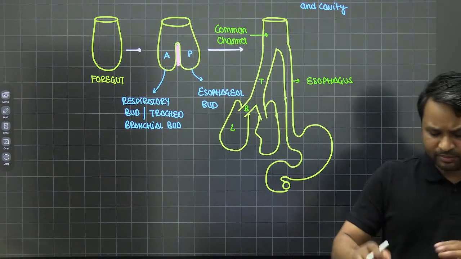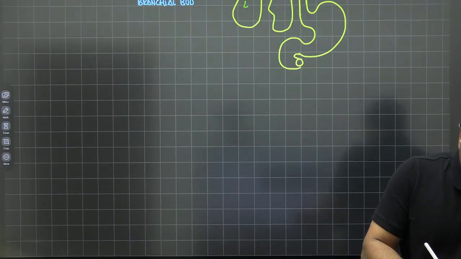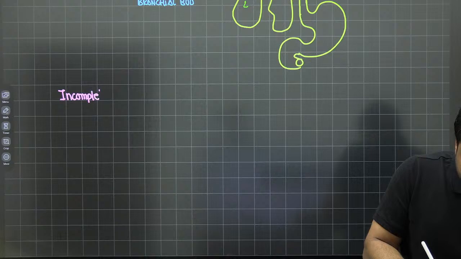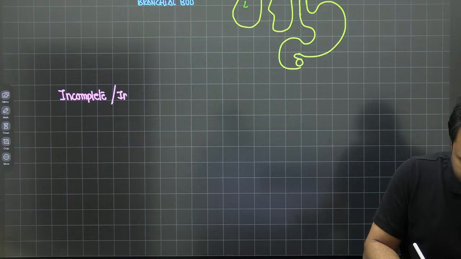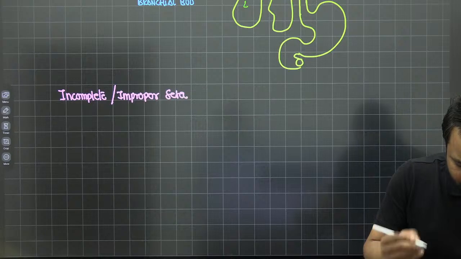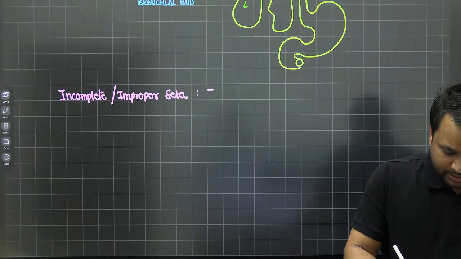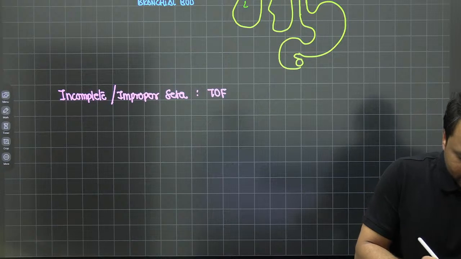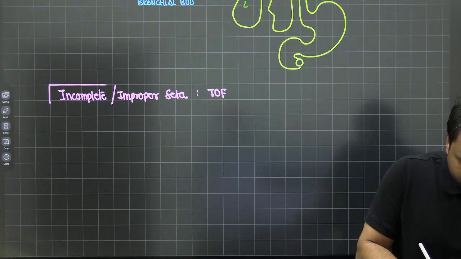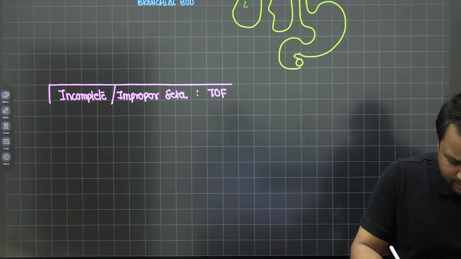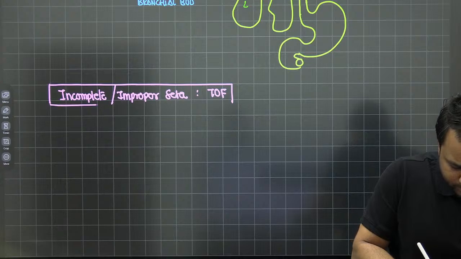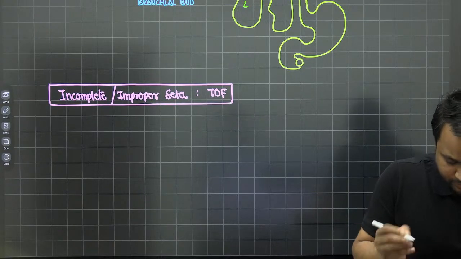Either because of an incomplete or an improper septation, this will result in a condition called the tracheoesophageal fistula. There's another disorder that is associated with it, which is esophageal atresia, right?